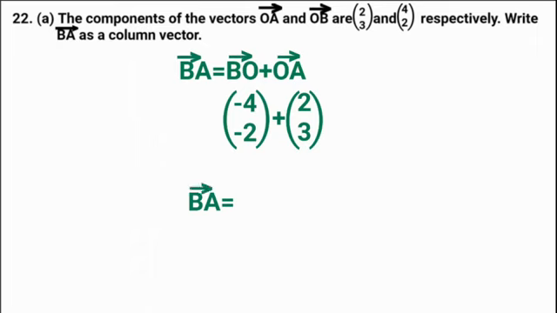BA is equal to, open bracket, negative 4 plus 2 will give us negative 2. Negative 2 plus 3 will give us 1. That is the column vector of BA, which is (-2, 1). Now I've written BA as a column vector. Now we can go to the next question.